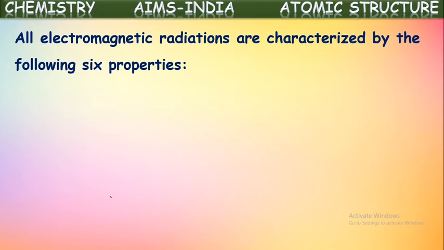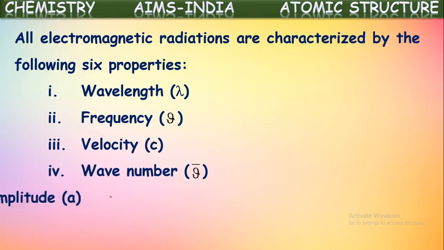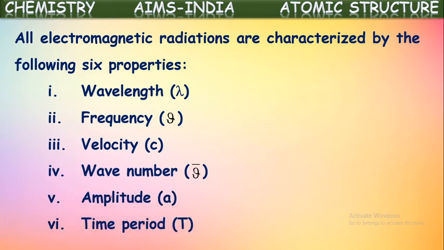All electromagnetic radiations are characterized by the following six properties. Every electromagnetic radiation possesses certain characteristics: wavelength, frequency, velocity, wave number, amplitude, and time period.